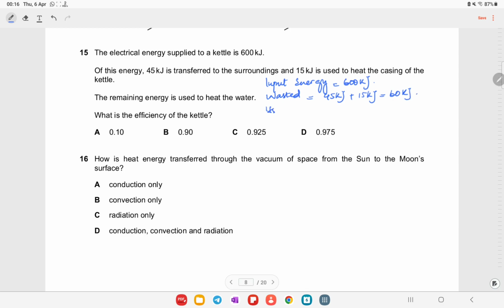And what will be the useful energy? Useful energy will be 600 minus 60, so it's going to be 540 kilojoules. Don't forget the units. So 540 divided by 600, because the options are not given in percentage, we don't need to multiply by 100, so it's going to be 0.90. So option B is your right answer.